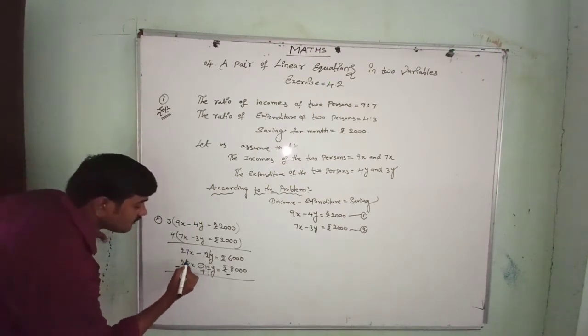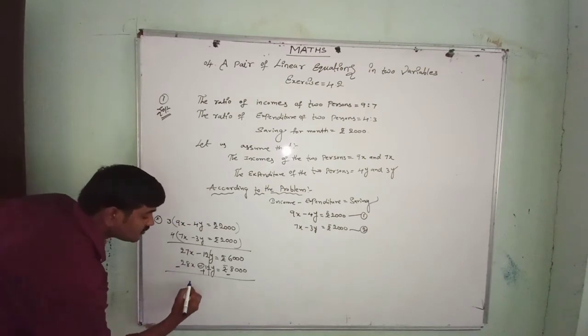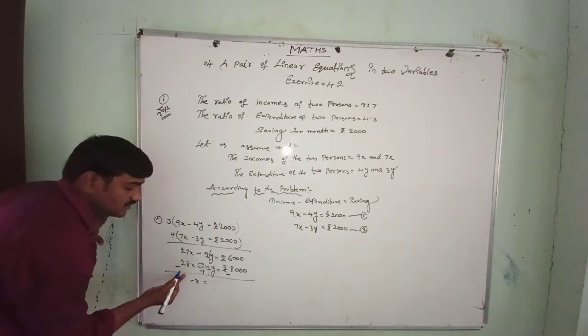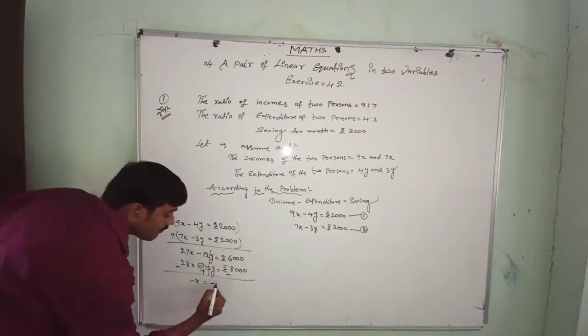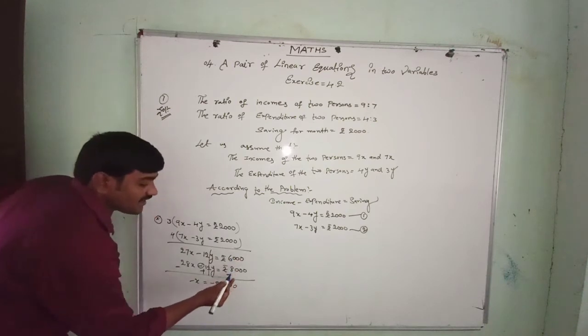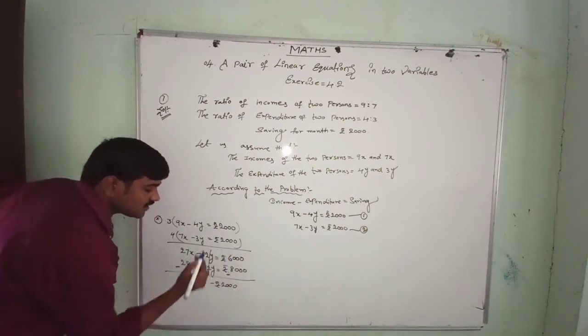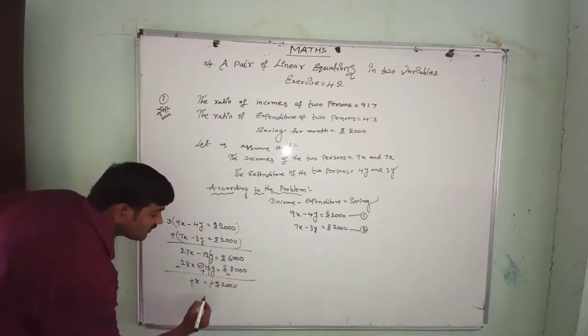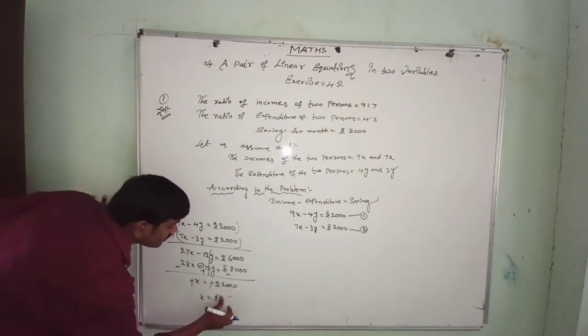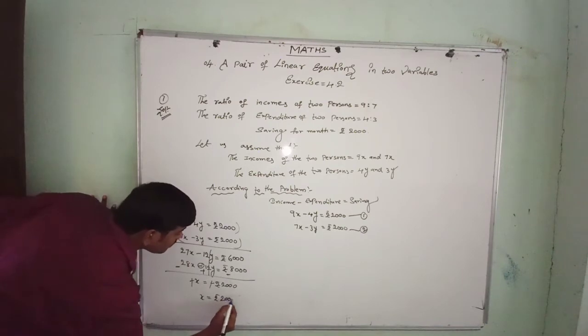So we can cancel minus 12y and plus 12y. Here what we get: 27 minus 28 is minus 1x. That equals minus rupees 2000. 6000 minus 8000 is minus 2000. Minus, minus get cancelled. x equals rupees 2000.